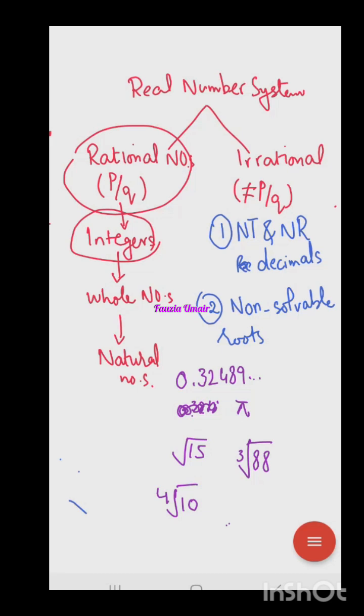Ji, a few rational numbers. Can you name a few rational numbers? Ji Hisham, 22. So, any other? Ji Ashman, 32 तो नहीं हो सकता.